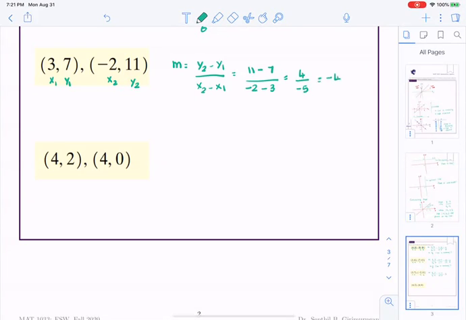So we have -4/5. So the slope is -4/5, which would mean the line that is passing through those 2 points is decreasing.